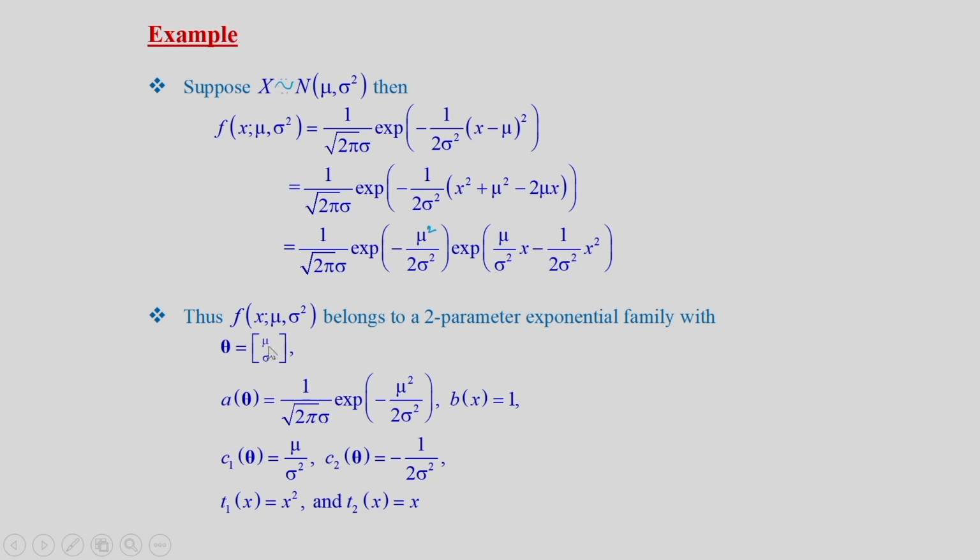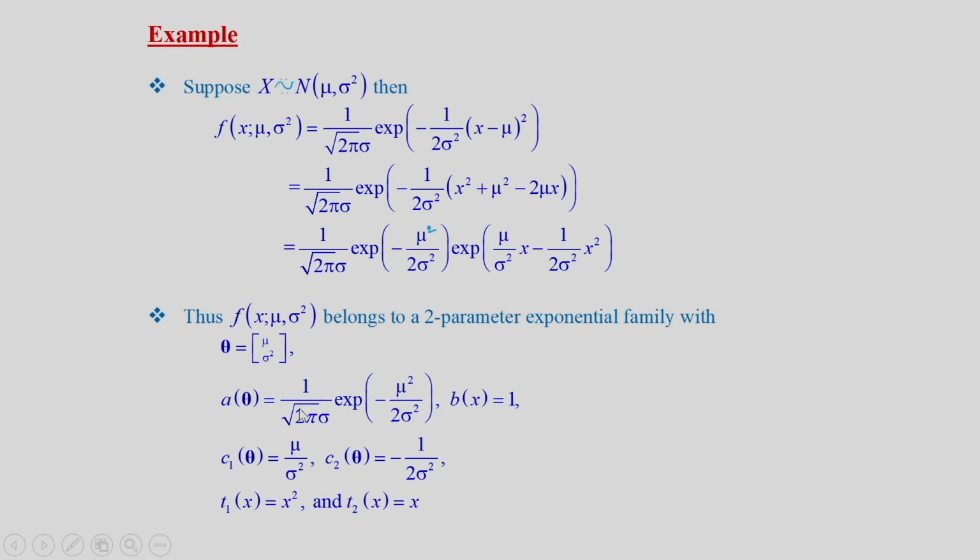Therefore, f(x; mu, sigma square) belongs to a two-parameter exponential family with theta, the parameter vector, equal to (mu, sigma square). It comprises mu and sigma square. a(theta) will be equal to 1 by root over 2 pi sigma into exponential of minus mu square by 2 sigma square.